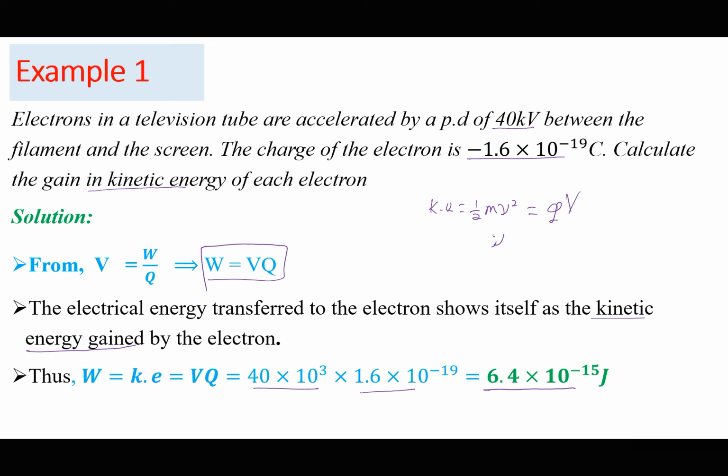So I may find the drift speed, which would be the square root of 2 times the charge times the accelerating PD divided by m, making v the subject, where m is the mass of the charge carrier, which is 9.11 times 10 to the power of minus 31. V is the accelerating PD, Q is the charge of the electron. So I would get the speed with which the electrons move through the circuit.